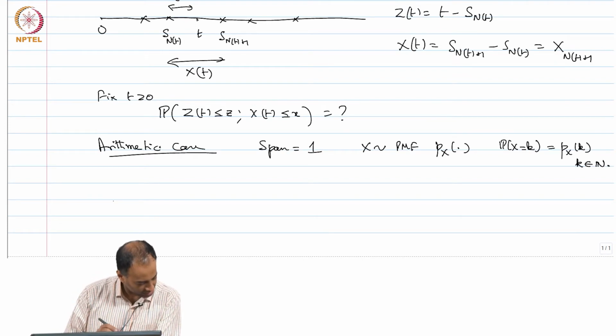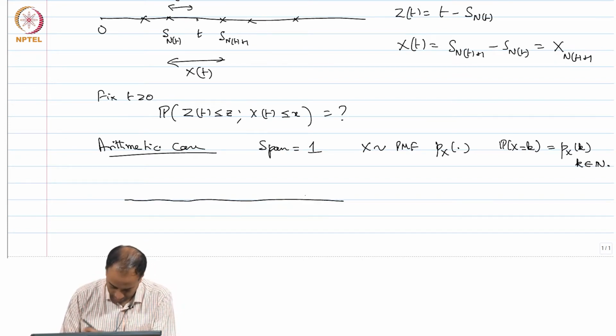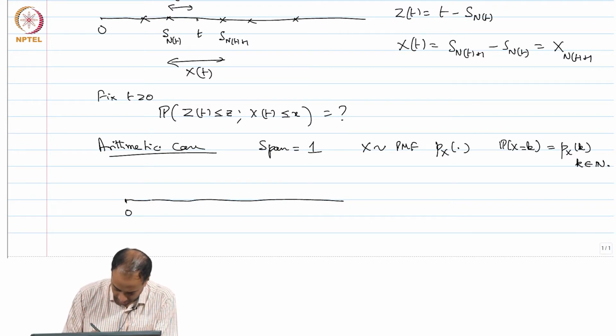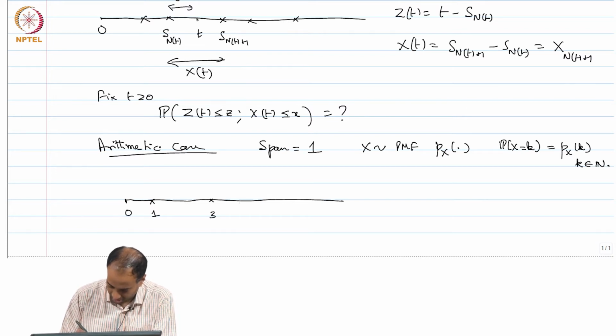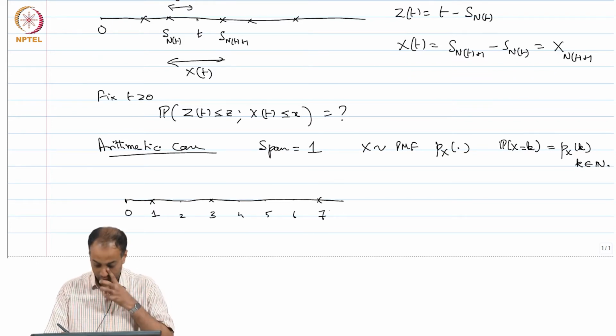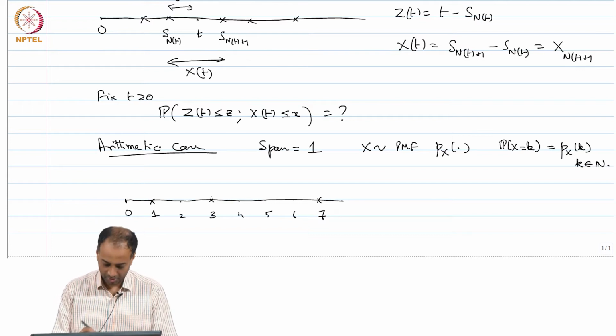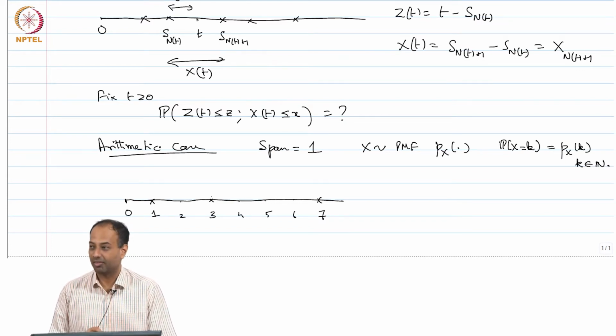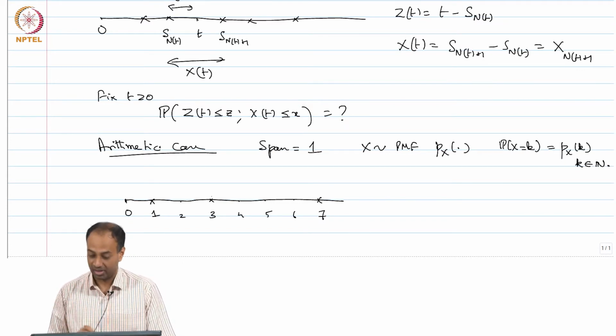So, here is a picture. This is 0, this could be 1 renewal, 2 may not be a renewal, 3 may be a renewal, 4, so this is 2. Seven may be a renewal and so on, all right. I put a cross when the renewal happens and a little dot when there is no renewal, okay.